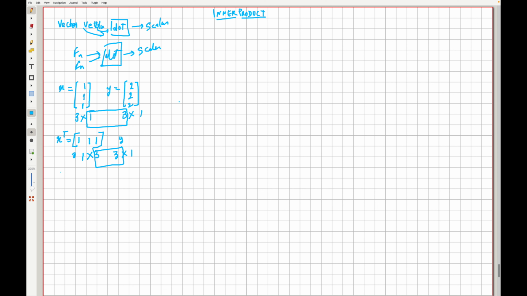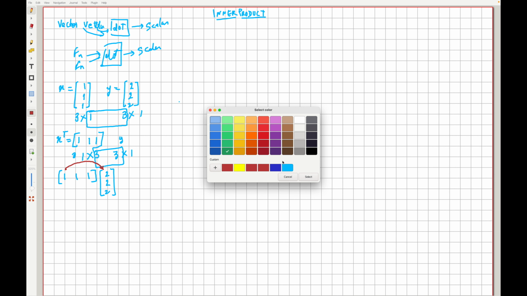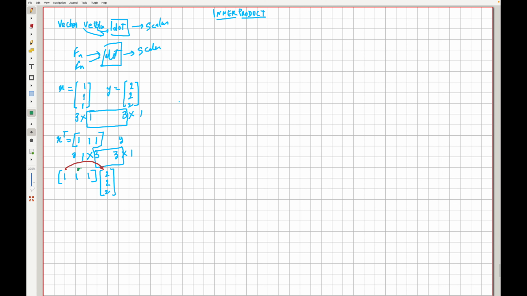And so to perform our dot product, our inner product, we take this vector x transpose, take the second vector y, and then we multiply each value with the other value. So the first thing we would do here is take this 1 and multiply it with the 2. Then we take the value of this one, multiply it with the 2 below it, and so on we go until we are out of the numbers here. And then we add all of them together.